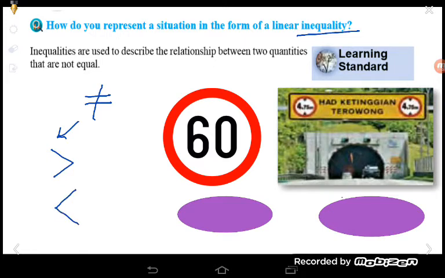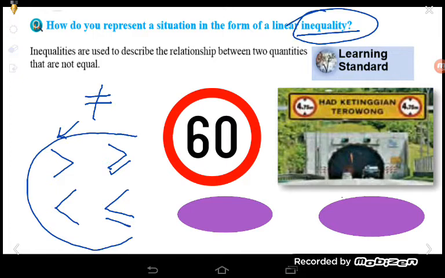And another one is you can also write more than or equal, less than or equal. So today we will learn about inequality. We will use all these symbols, so I hope you still remember these very important symbols.